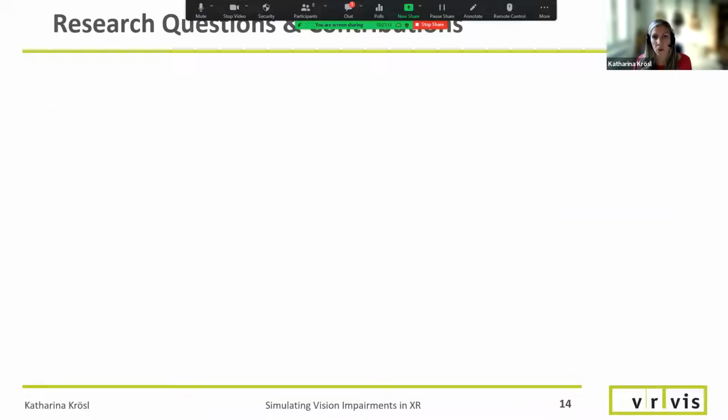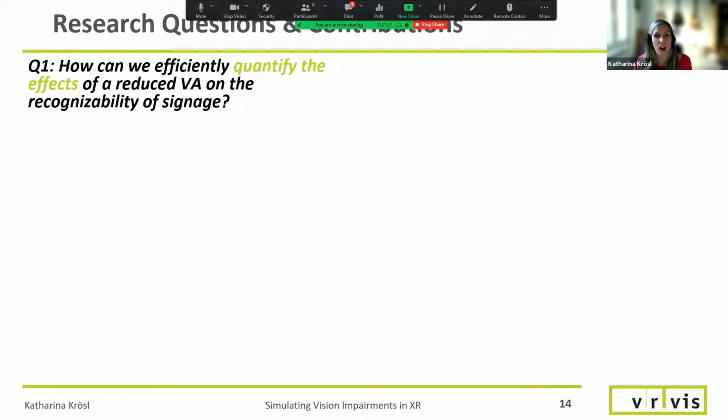To achieve this goal, we formulated some high-level research questions. Our first goal was to investigate how we can efficiently quantify the effects of a reduced visual acuity on the recognizability of signage.